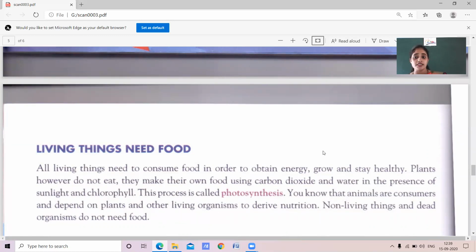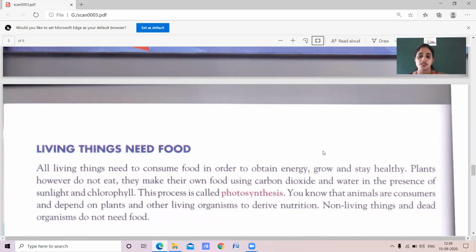Why will they not eat? You know that. Plants prepare their own food in their body. As we have learned in the first lesson, they are autotrophs. They prepare their own food by the process called photosynthesis.